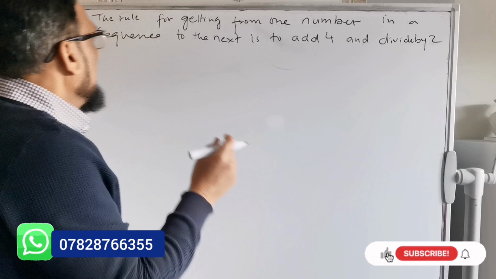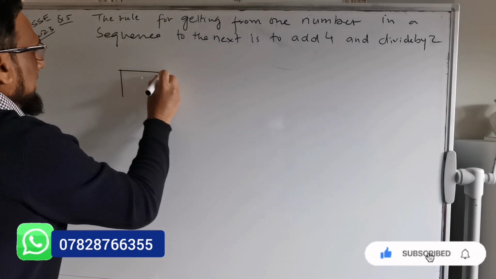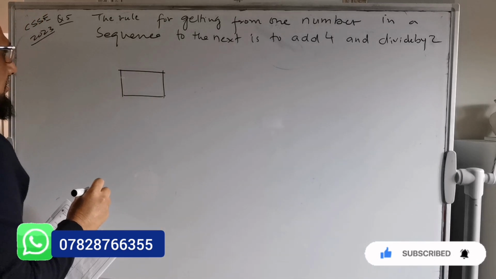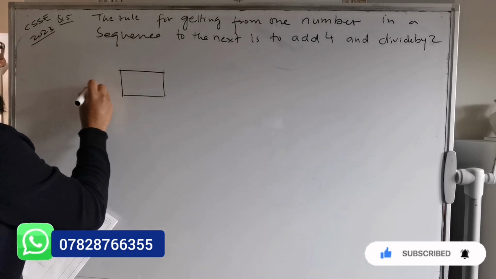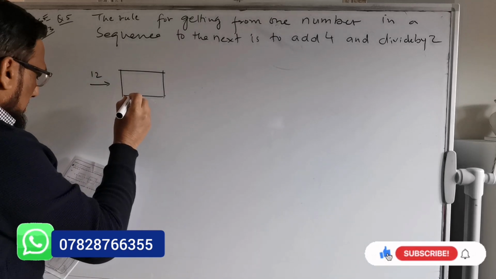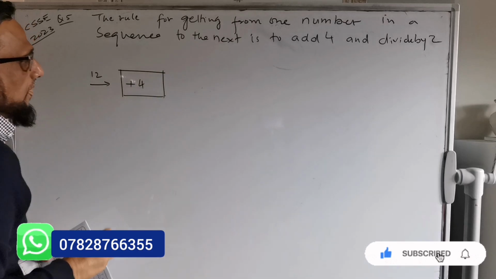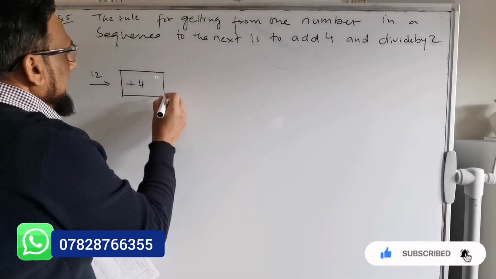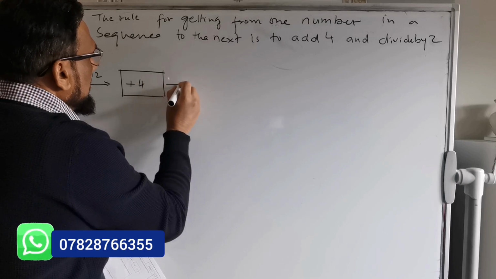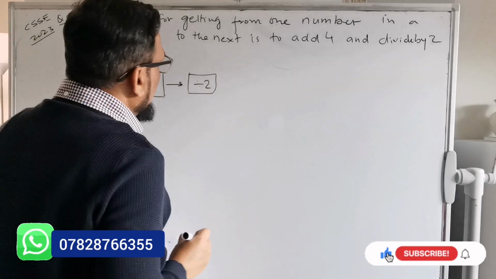For example, this is the box. You input any number, for example the first number. What you do is add 4, and after adding you divide by 2.